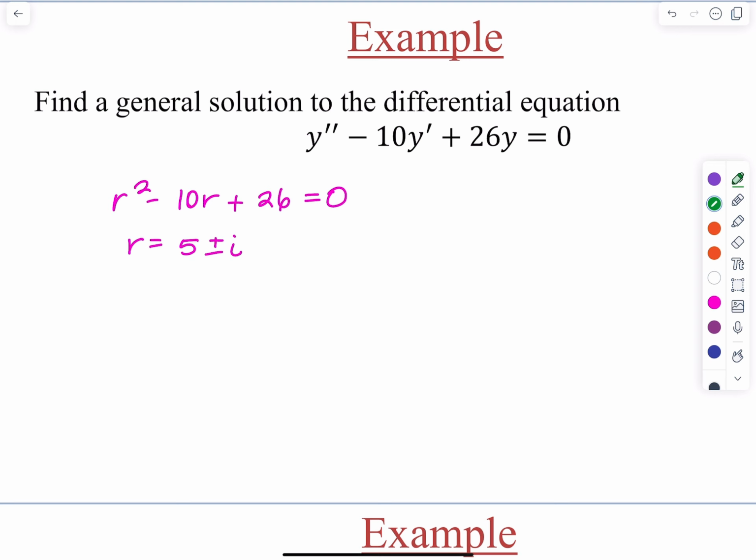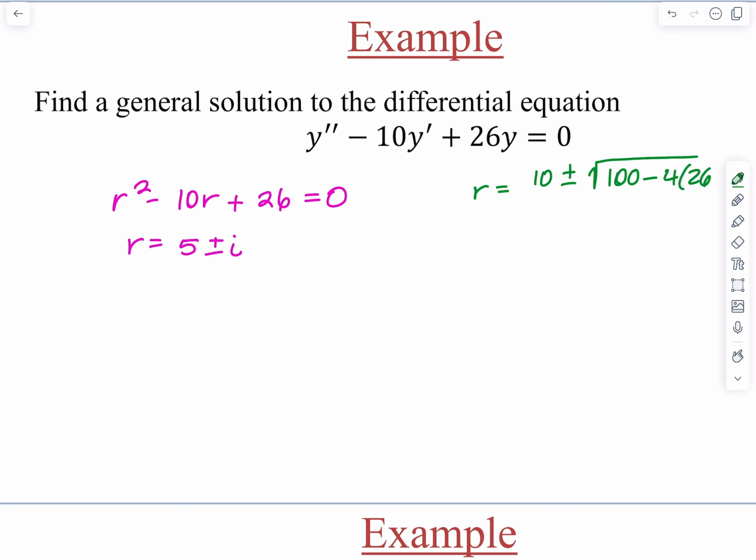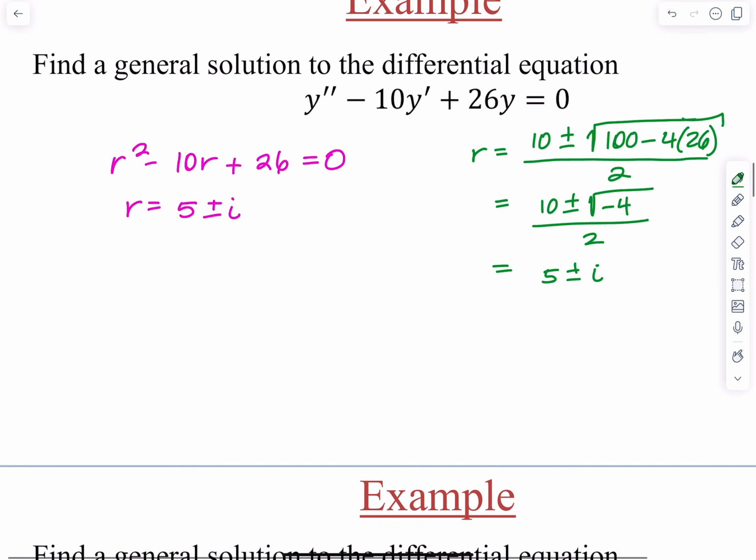So we have r equal to 10, the opposite of b, plus or minus the square root of b squared minus 4 times 26 all over 2.